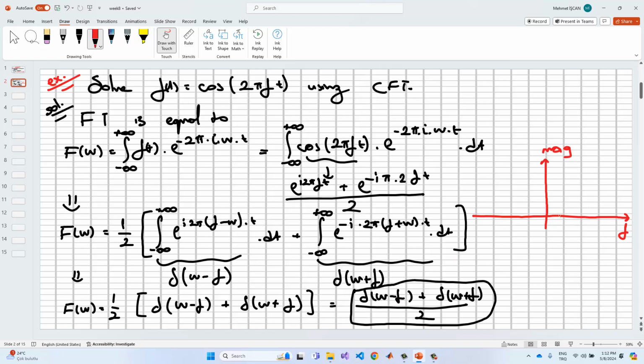And so we can easily write that. If we have this pattern, this is the W, so F and minus F, we have two peaks, just like this one, right? And so this is the cosine signal, which is a uniform signal, a periodic signal in here.